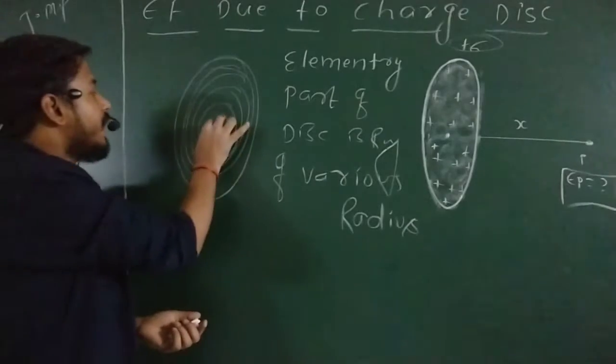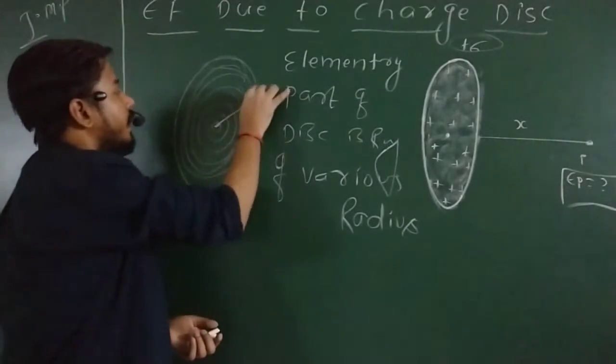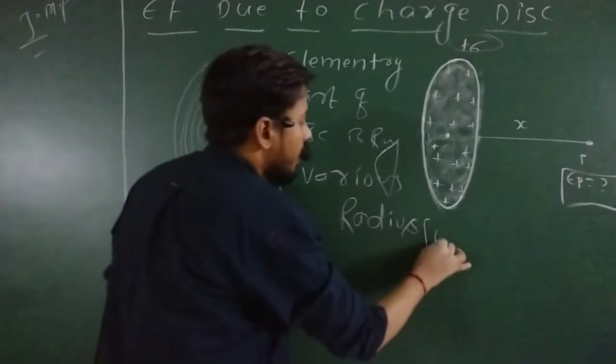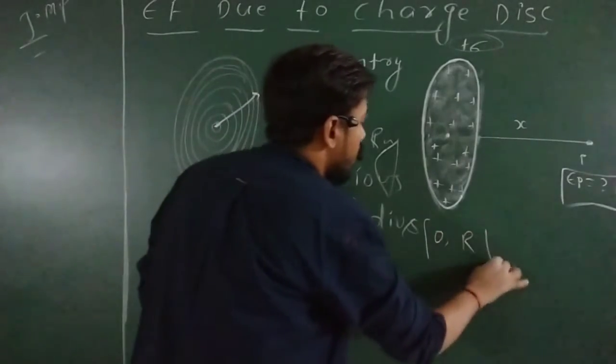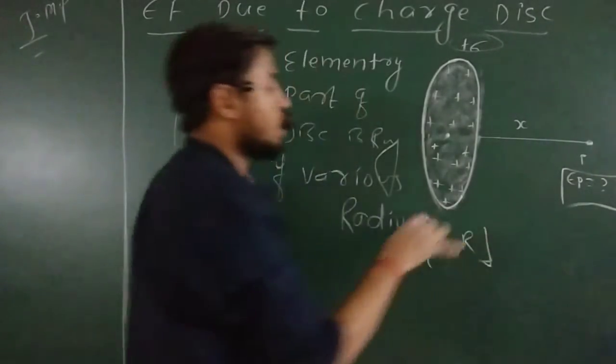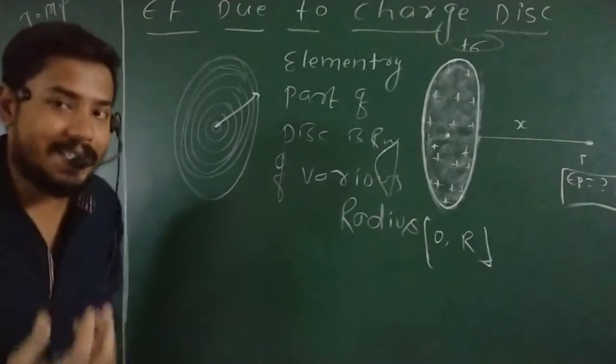So the limit of radius will be 0 to capital R.